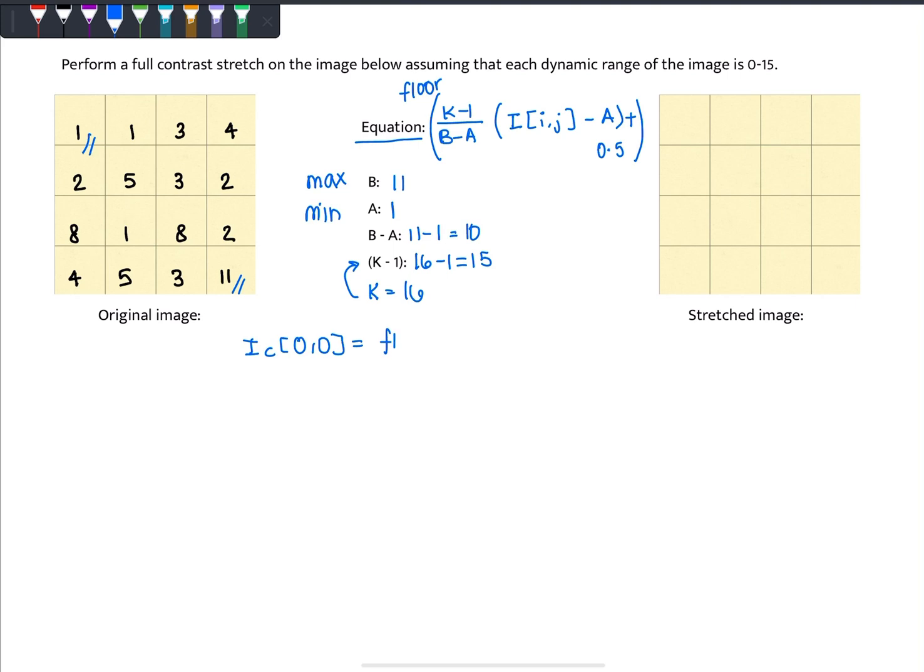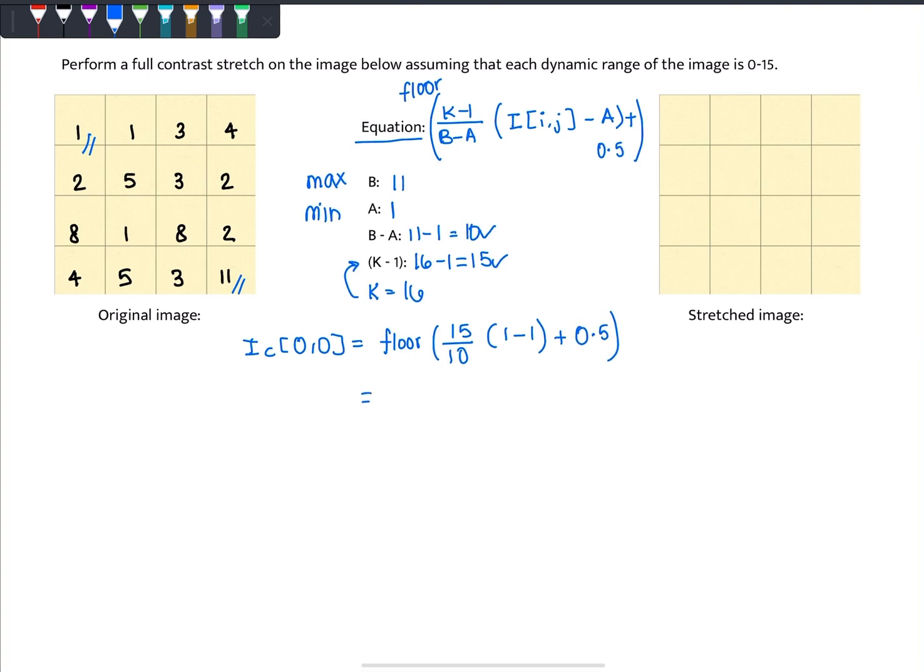So we're going to do floor of k minus 1, which is always going to be 15, divided by b minus a, which will be 10. Now multiply that by the pixel value that we have over here. So over here we have 1 minus a, which is 1, and we're going to add 0.5 to that.